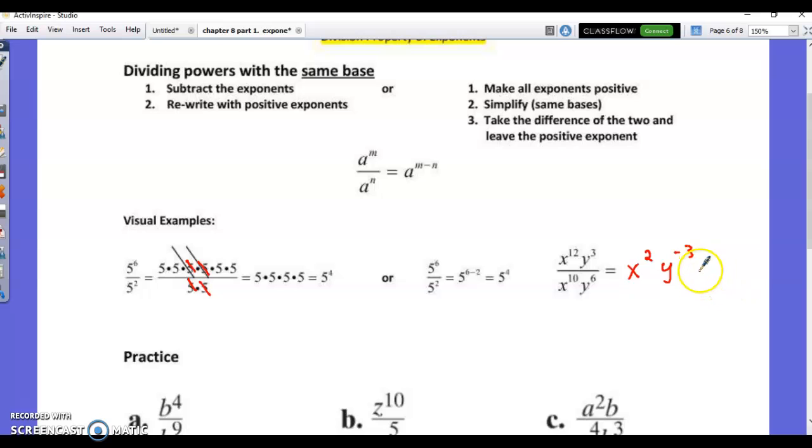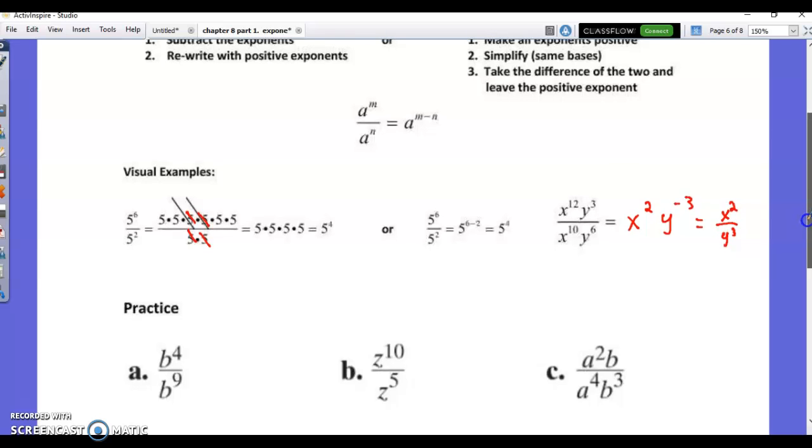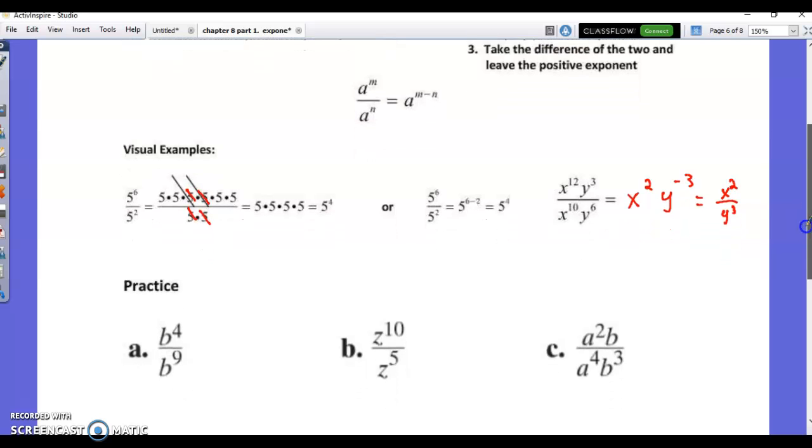And then, of course, at the end, we're going to make them all positive. So x squared on the top and a y to the 3rd on the bottom. So that goes to the bottom and becomes positive. I did teach both ways to do that before, but I'm just going to focus on take the top number, subtract the bottom number as far as those exponents go. And that's pretty much all you need to do to be able to divide powers.